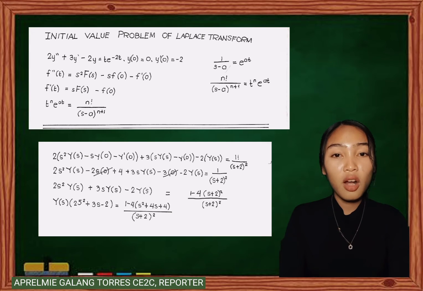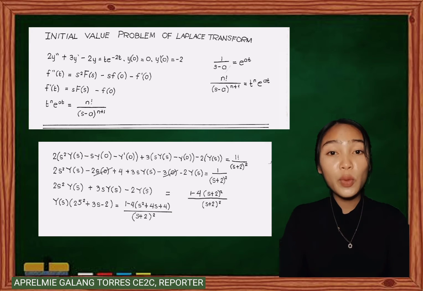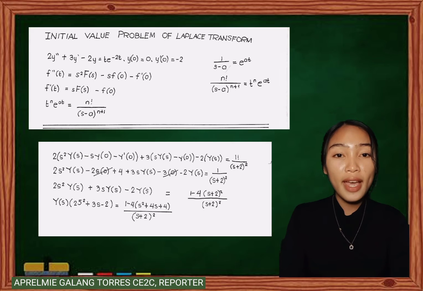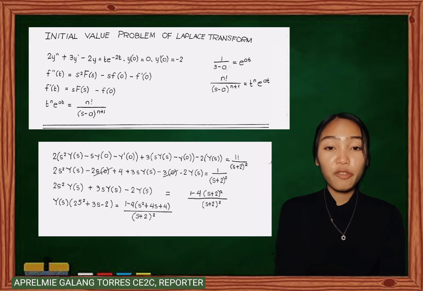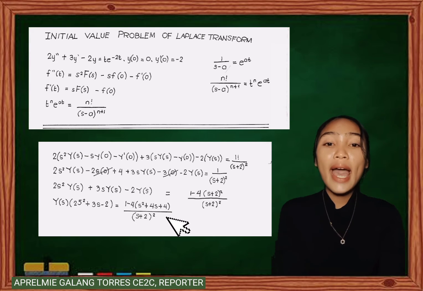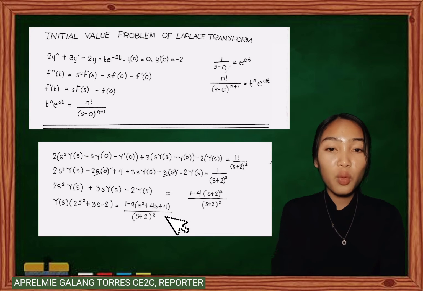Let's go ahead and get a common denominator over here on the right hand side. So to do that, we will multiply the 4 by the quantity s plus 2 squared over s plus 2 squared. And when we combine fractions, we'll just get 1 minus 4 times the quantity s plus 2 squared all over the quantity s plus 2 squared. Let's actually start multiplying out at the top. So we'll have 4 times the quantity s squared plus 4s plus 4 all over s plus 2 squared.